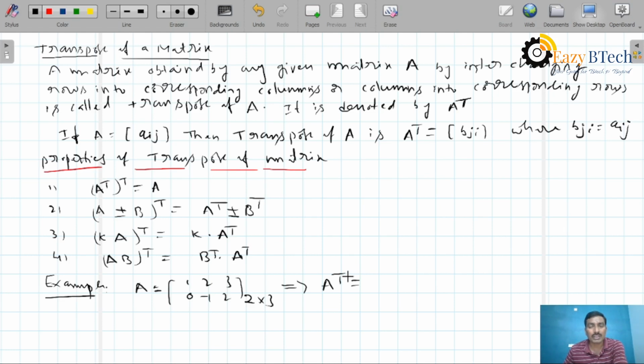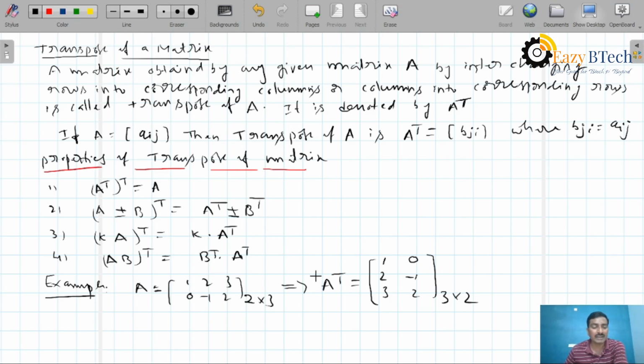The first row, 1, 2, 3, is converted into the first column. The second row, 0, minus 1, 2, is converted into the second column. So this is the transpose of A, denoted by A power T. This matrix contains 3 rows and 2 columns. This is one example of A transpose.